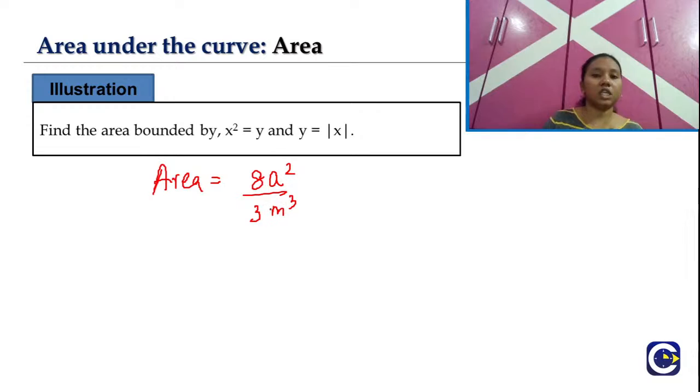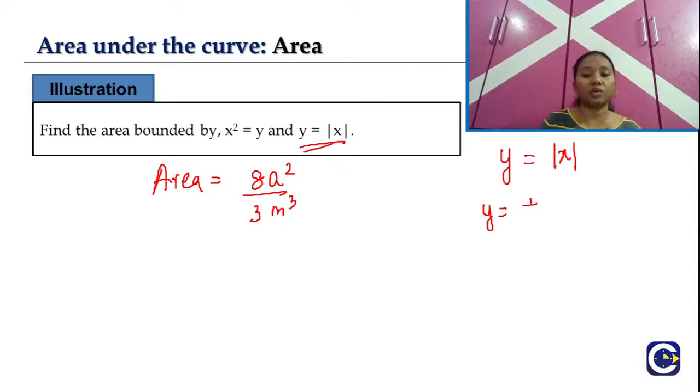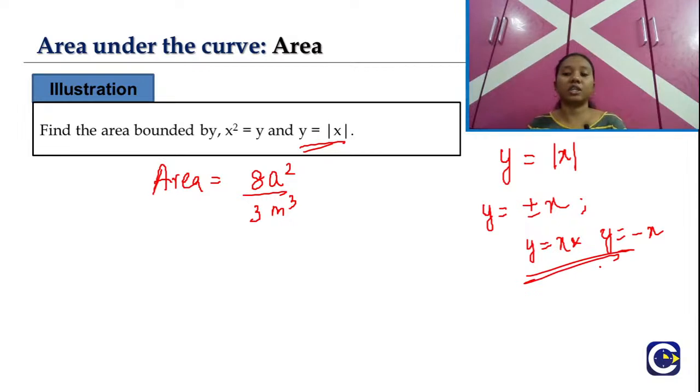So the only trick here is the given line graph. The given equation of line is y equal to not simple x. So it is mod x. So when we have mod x, it will be y equal to plus or minus x, which means the graph will be y equal to x and y equal to minus x. So that is the trick and the thing we have to remember in this particular question, where the equation of line is given to be y equal to mod x.